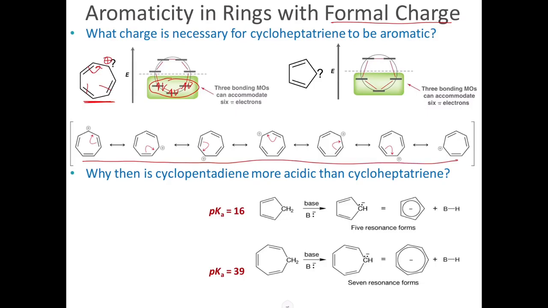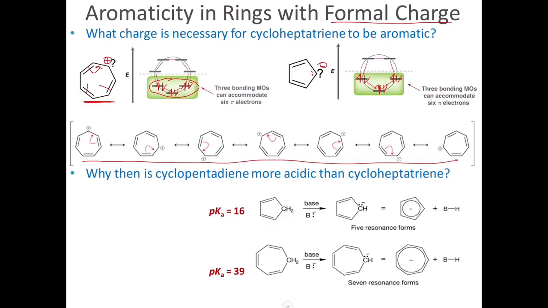Okay? If you have a 5-membered ring, what kind of charge do you think will make it aromatic? If you give it a negative charge, then it will be aromatic because we are talking of lone pairs of electrons on that carbon. So then we're going to end up with 6 electrons. So 1, 2, 3, 4, 5, 6.